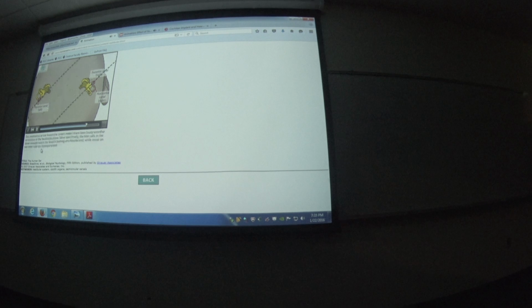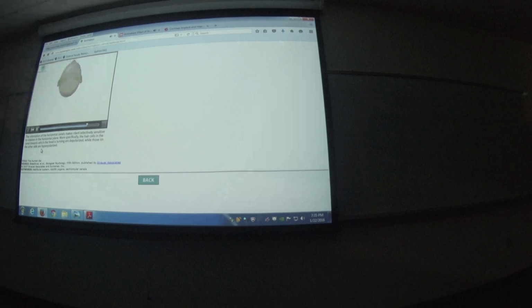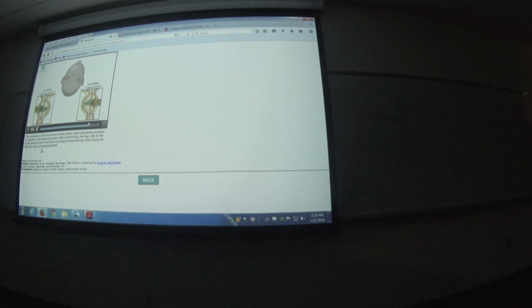The orientation of the horizontal canals makes them selectively sensitive to rotation in the horizontal plane. More specifically, the hair cells in the canal toward which the head is turning are depolarized, while those on the other side are hyperpolarized.